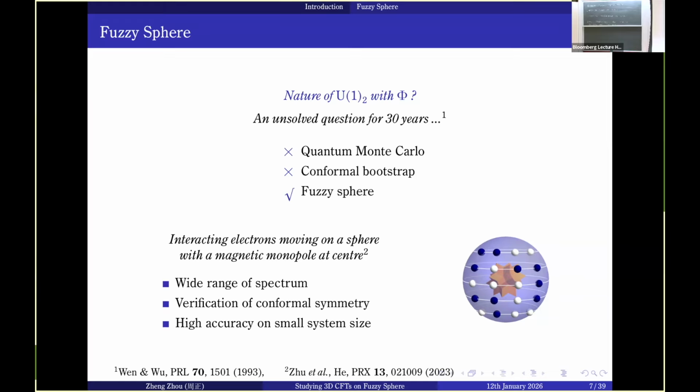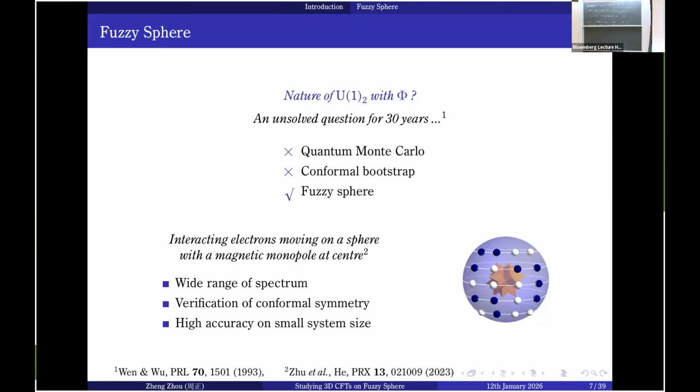People cannot use quantum Monte Carlo to study this transition due to the intrinsic sign problem. Conformal bootstrap also does not apply so well to gauge theories. And on the fuzzy sphere, we have obtained the first answer to this question. So briefly speaking, the fuzzy sphere involves studying interacting electrons moving on a sphere with a magnetic monopole at its center.